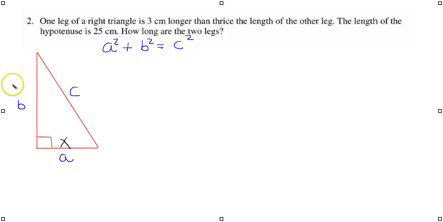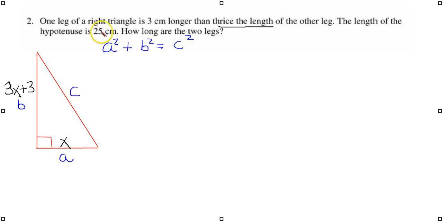Now this leg is going to be 3 times what x is. That's this part here. Trice. Haven't seen that word around for a while. Trice the length of the other leg plus 3. So this is the length of the long leg. X is the length of the short leg.